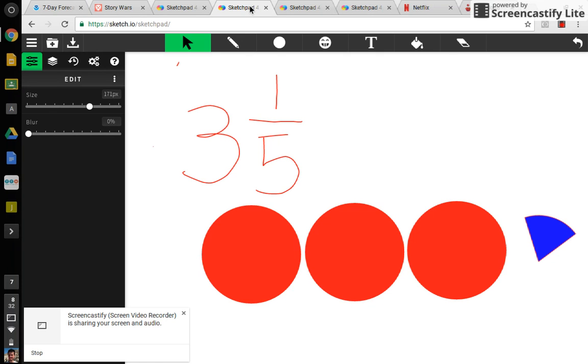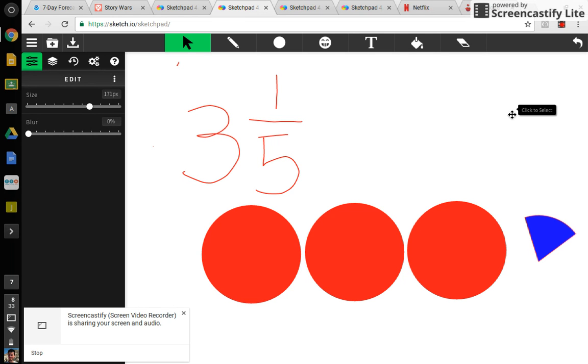Here we have a model, and this is representing 3 1/5. We could think about this in a lot of different ways, like, for example, maybe pizza. We could say that we have 3 pizzas, and then we have a fifth of a pizza, all right? So this is one way we could represent it. We could be talking about pizzas.